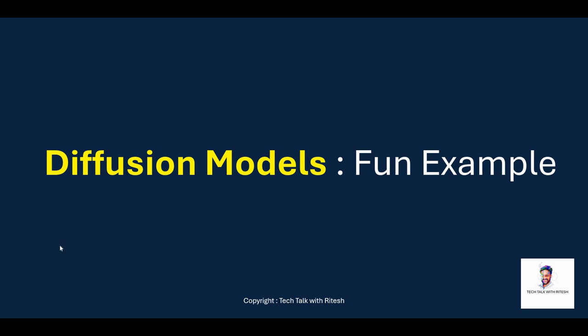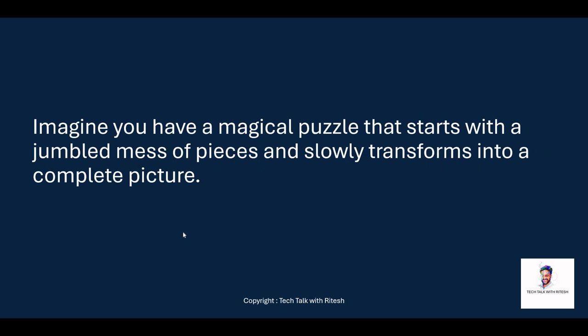Okay, let's see a fun example of diffusion models. Imagine you have a magical puzzle that starts with a jumbled mess of pieces and slowly transforms into a complete picture. Likewise, we used to play in our childhood that we need to arrange the pictures, right? That one.